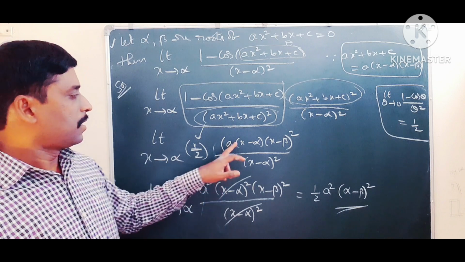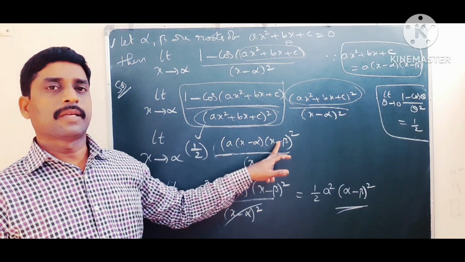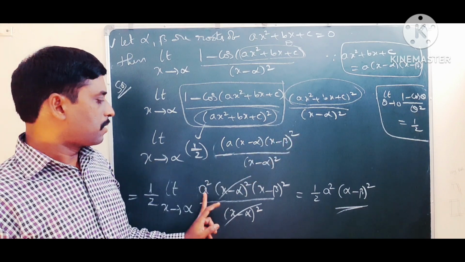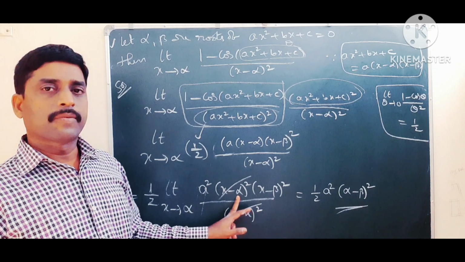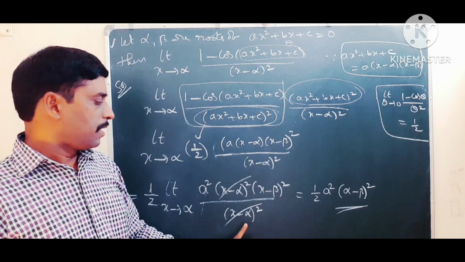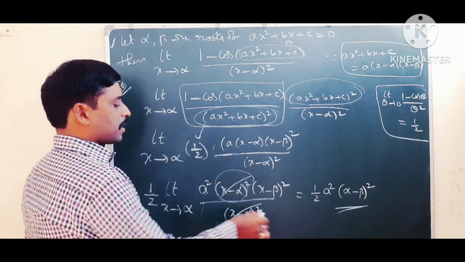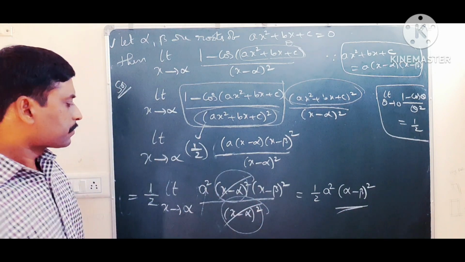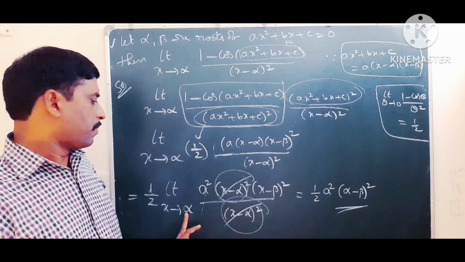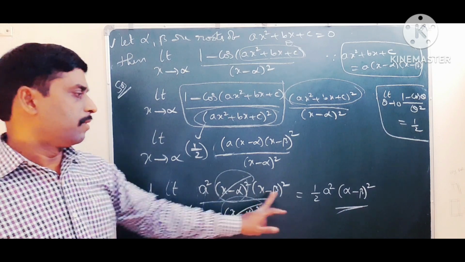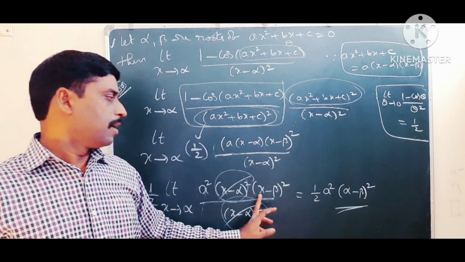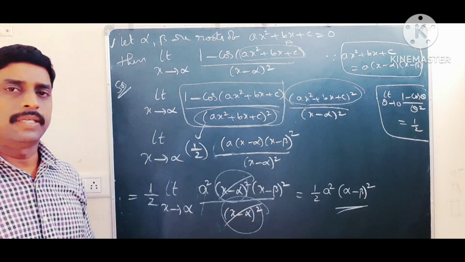Now I say that here (a into x minus alpha into x minus beta) whole square is nothing but a square into (x minus alpha) whole square into (x minus beta) whole square, by the denominator value (x minus alpha) whole square. One (x minus alpha) whole square gets cancelled here. Here instead of x, write alpha. What we get here? 1 by 2 times of a square into (alpha minus beta) whole square. This is the answer.